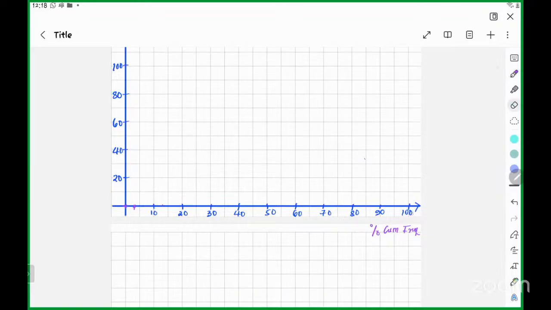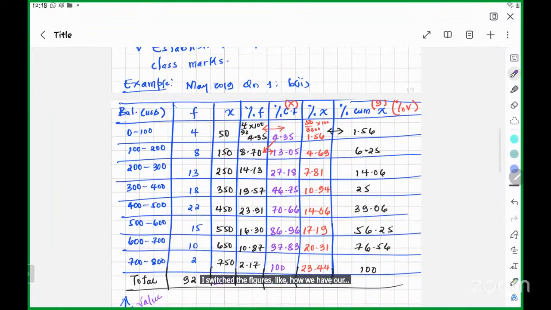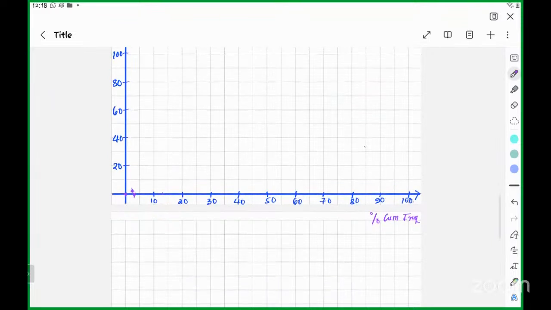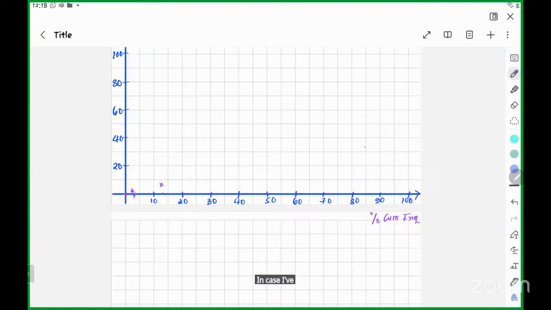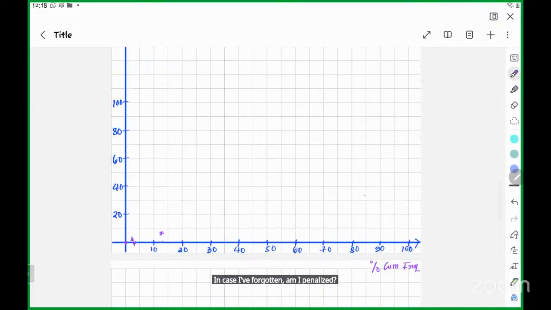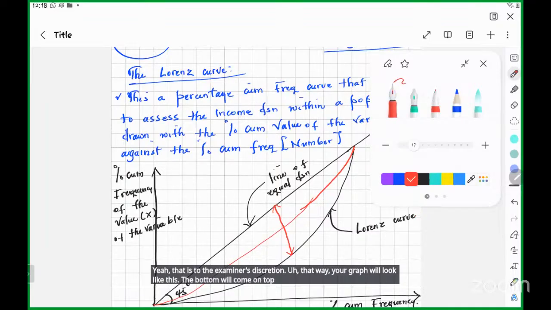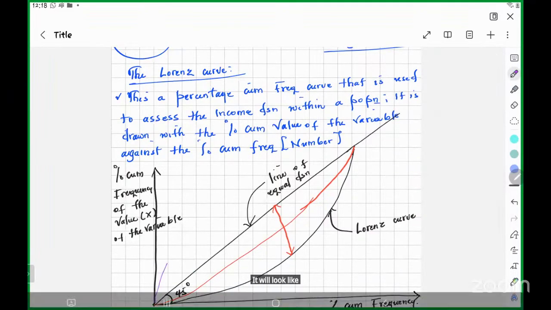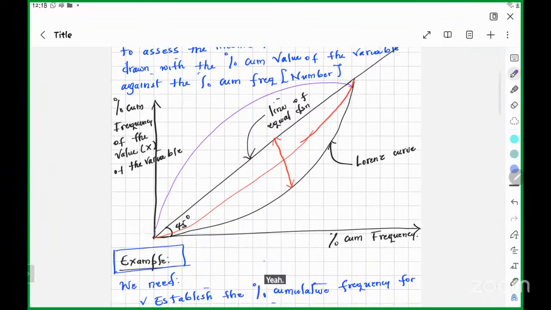Just asking, in case I switch the figures, like how we have our percent and F, and I just interchange them in case I've forgotten, am I penalized? That is to the examiner's discretion. That way, your graph will look like this. The bottom will come on top. You see the purple? That's how your graph will look like.